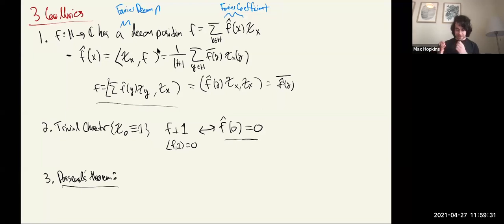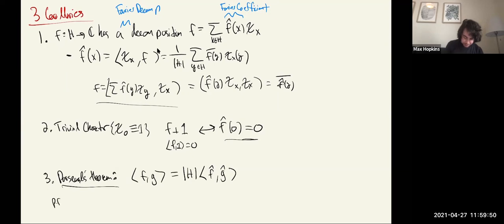This is actually how we're going to move between standard land and Fourier land. So in particular, what is the theorem? Well, it says that the inner product of f and g is equal to just this normalized inner product of the Fourier coefficients, f hat and g hat.